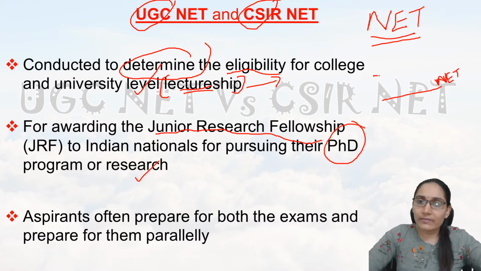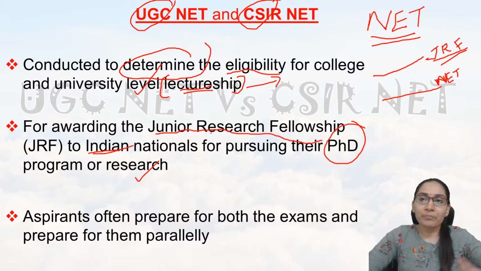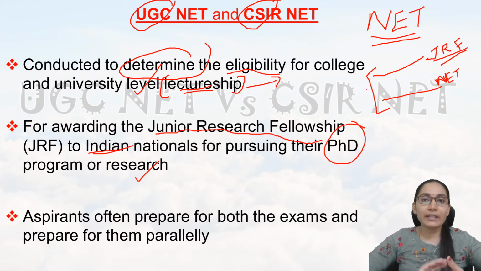But a higher cutoff will be set for JRF. This fellowship is awarded to Indian nationals, so nationality is very important, for pursuing their PhD. PhD is a research program. So the same examination but with different cutoffs, you can clear the NET, that is the eligibility criteria to become a college professor, as well as the JRF for pursuing your PhD.